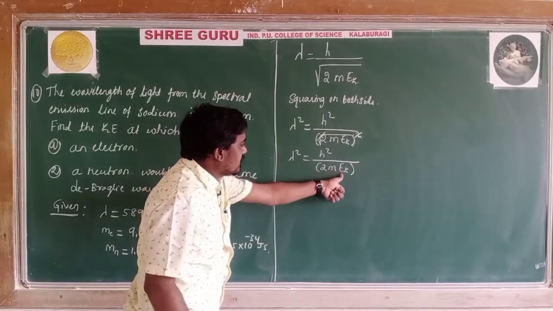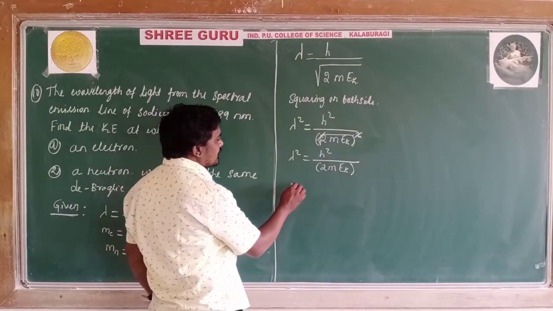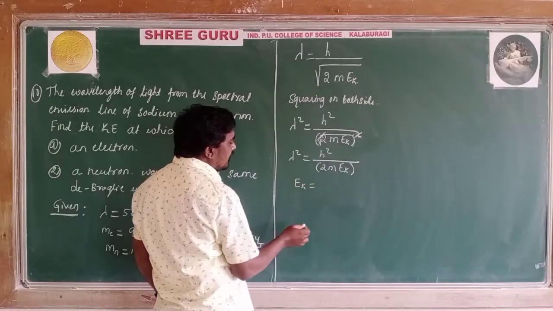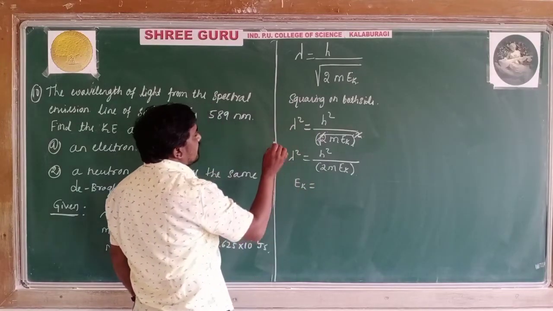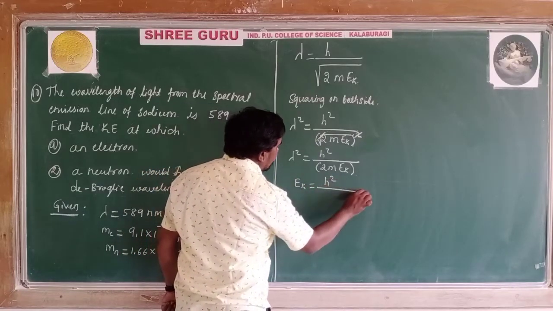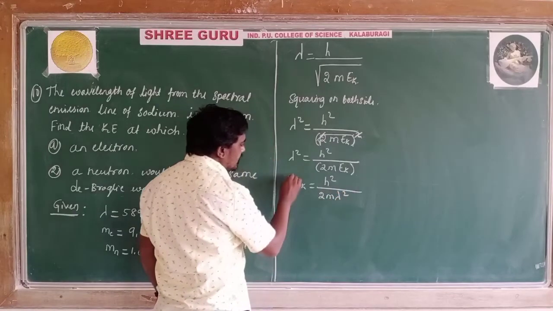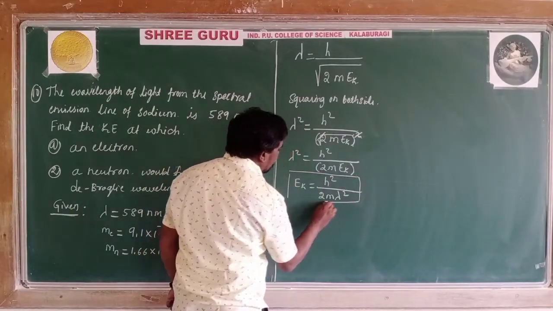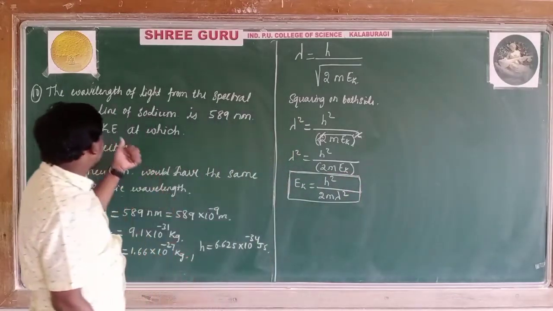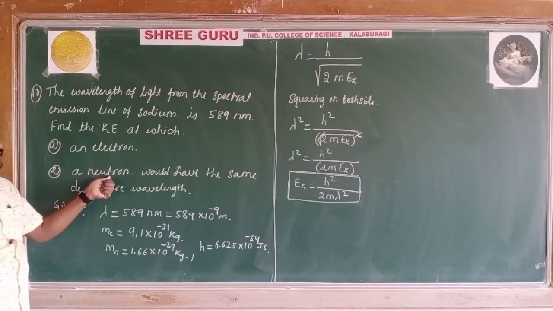Now we want Ek. Take Ek to this side and send lambda square to the denominator side. Ek, the kinetic energy of the electron, becomes h square by 2m into lambda square. This is our expression. By using this expression, you find the kinetic energy of the electron as well as the kinetic energy of the neutron.